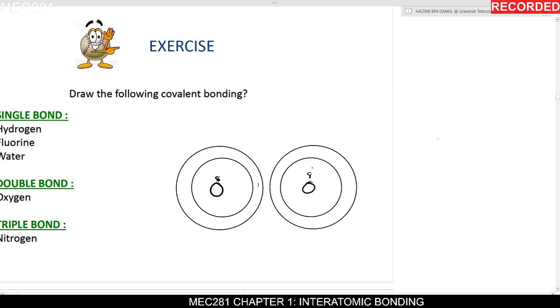Okay, so 1, 2, and the other. Valence number is 6. One here, one here. One, two, three, 4, 5, 6.